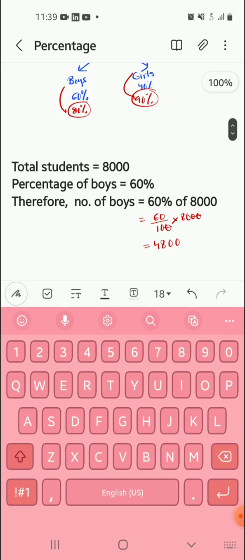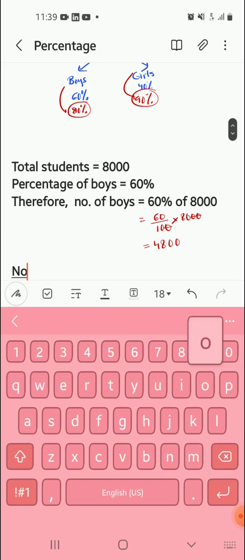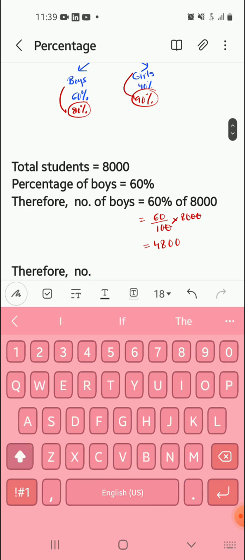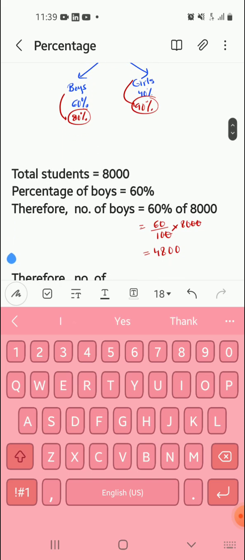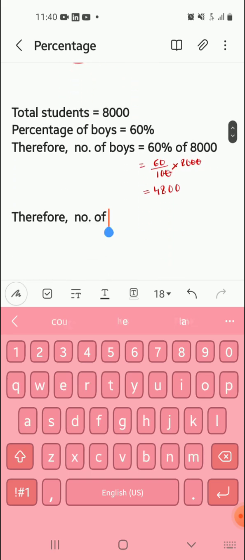Now next, number of girls, simple. Therefore, number of girls, there are two ways in which we can find out. One is, you can either find out 40% of 8,000, or you can also deduct 4,800 from 8,000, which I'm going to do.